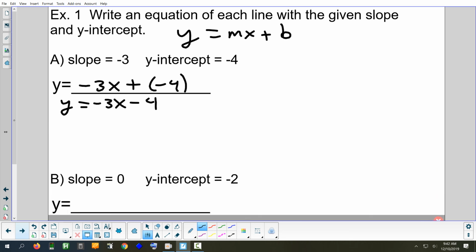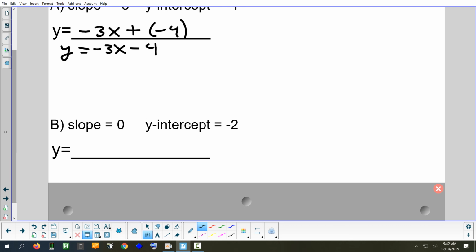All right, let's try this one. Y equals, let's see, the slope this time is going to be 0, and the y-intercept is going to be -2. So the slope is going to be 0, and the y-intercept is -2. Kelsey? Y equals 0x plus -2. Plus -2. All right.